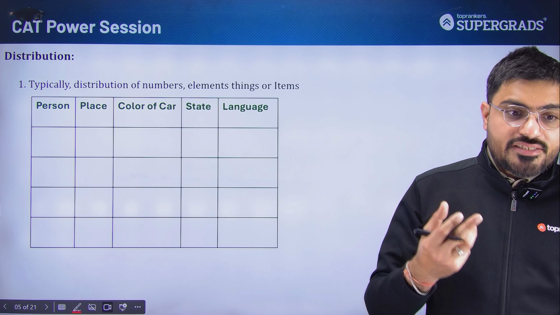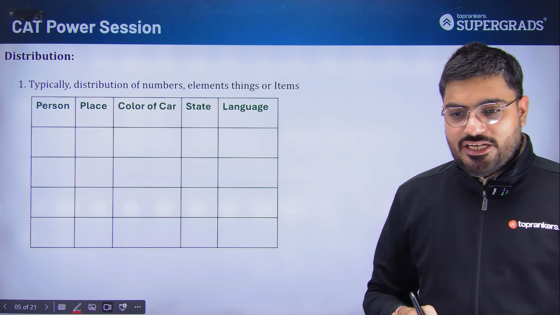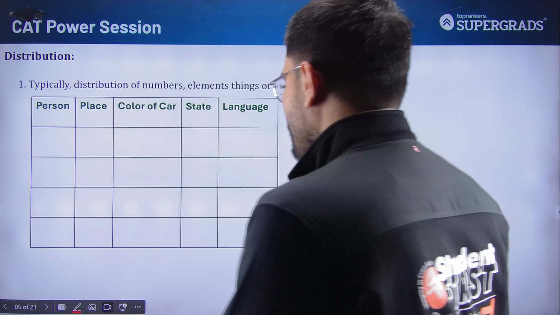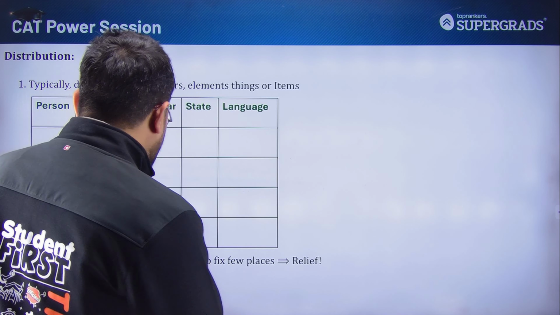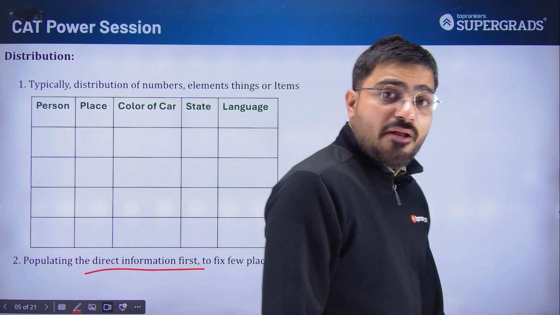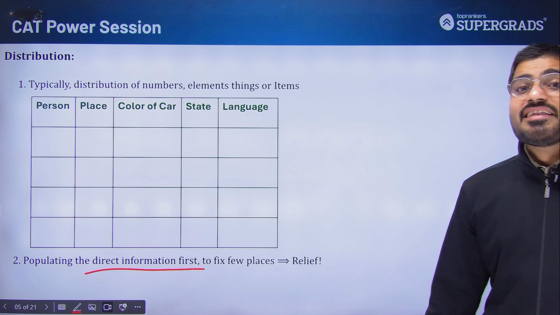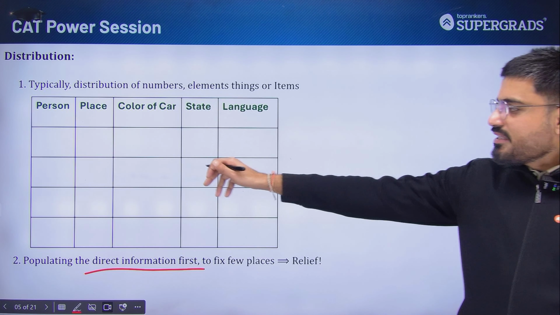So in order to decide that priority order, the first thing one should do in a distribution table is to populate the direct information. Why direct information? Because when we are populating the direct information, it gets fixed in the different cells.